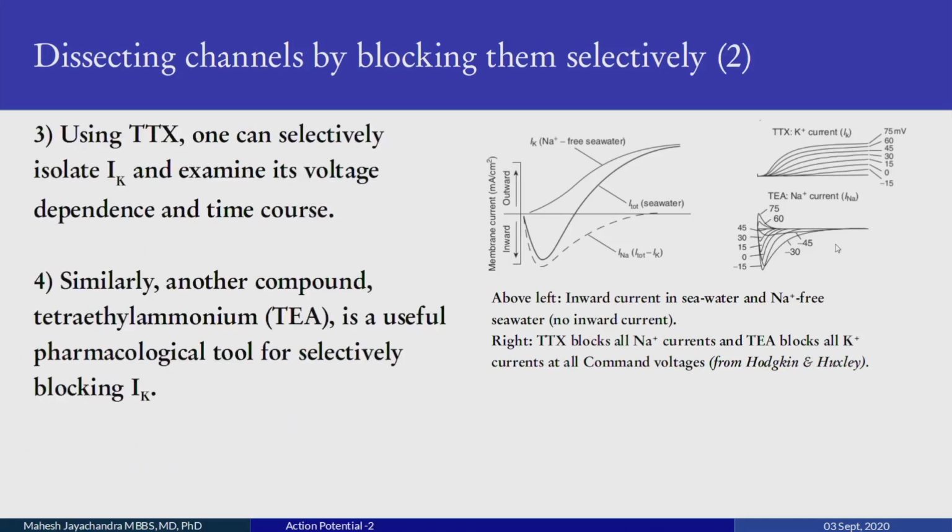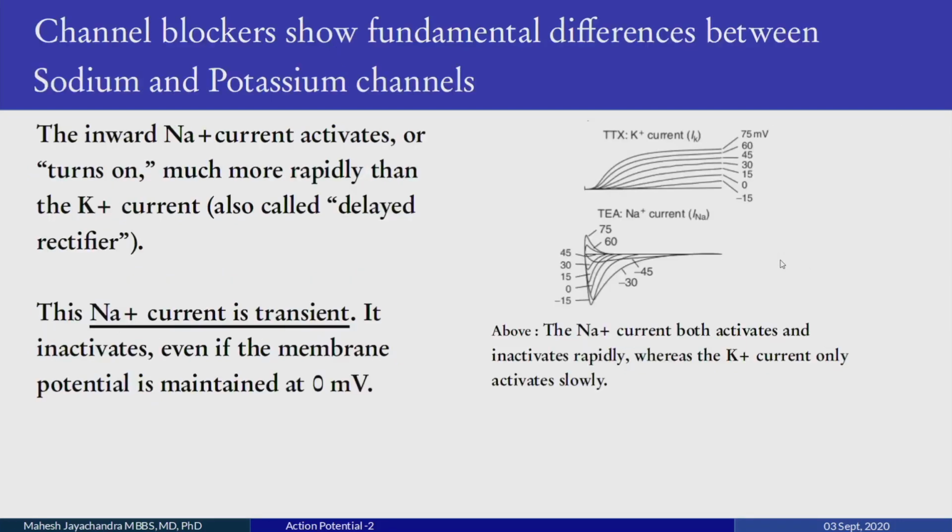So using TTX, we can selectively isolate the potassium current and examine its voltage dependence. And similarly with TEA, tetraethyl ammonium, we do the same thing and look at only the sodium currents, because we have blocked the potassium channels. So these channel blockers show some fundamental differences between sodium and potassium channels.